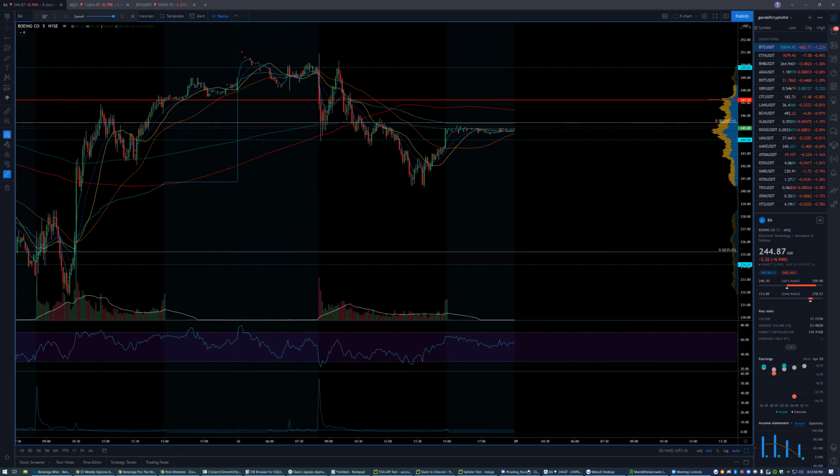At what fib do you know the trade is going against you and you should bail? I wouldn't say at what fib, it's more at what level. If it's not holding a weekly level, that's when you should bail.